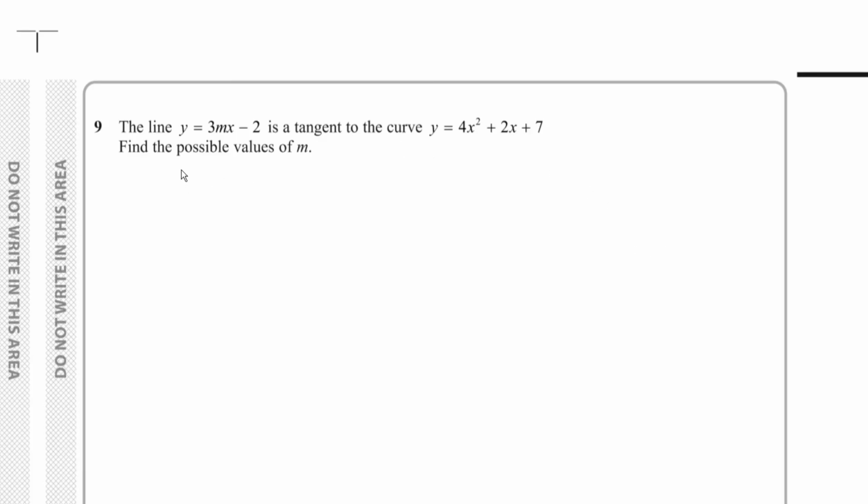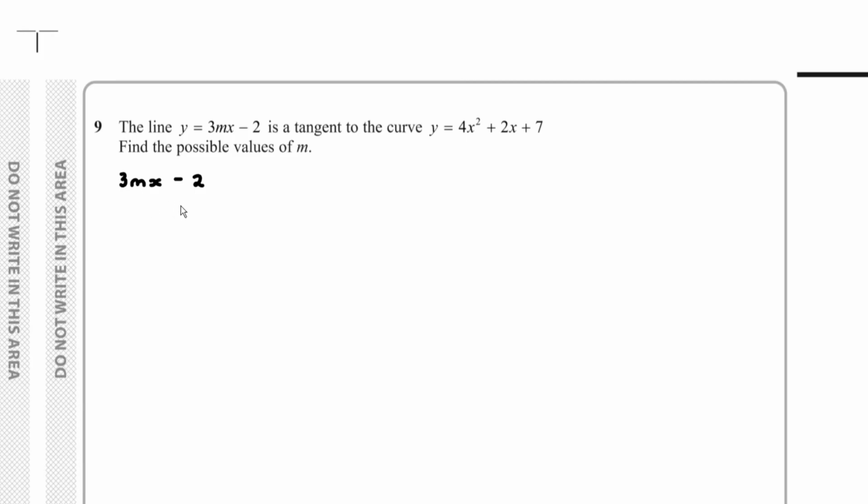Question number 9. The line y equals 3mx subtract 2 is a tangent to the curve y equals 4x squared plus 2x plus 7. Find the possible values of m. If this straight line is a tangent to this curve, that means the line intersects the curve once, and so we can set those equations equal to each other.